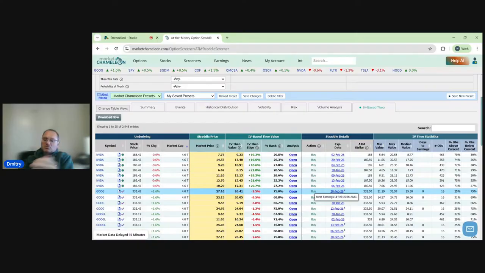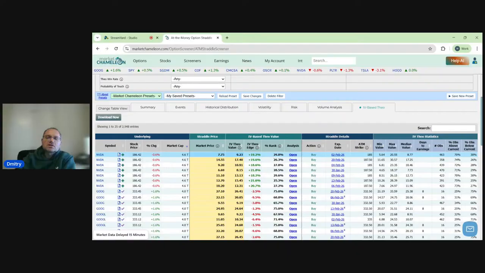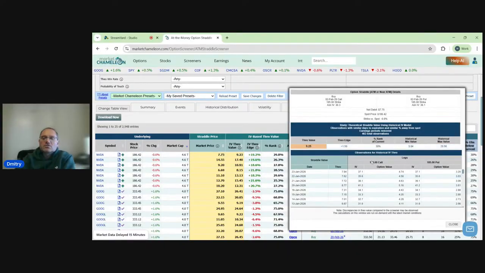So then we have these observations, and let's say for example in NVIDIA, right? We could open up this analysis, and what this does is it looks back in history and takes same days to expiration, similar circumstances, and says, okay, for options, and you're not going to always get exactly at the money, but if they're 1% above, 1% below, we're going to find similar options, and then we're going to say, what were the implied volatilities historically for similar options?